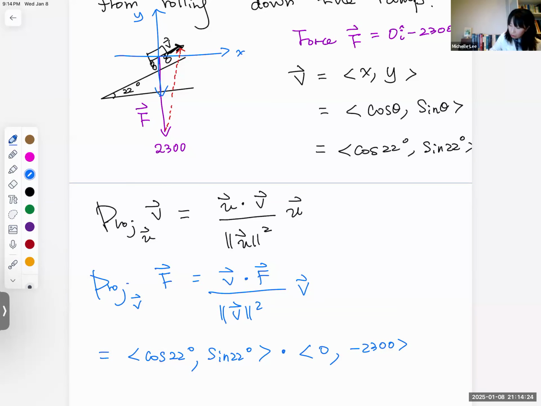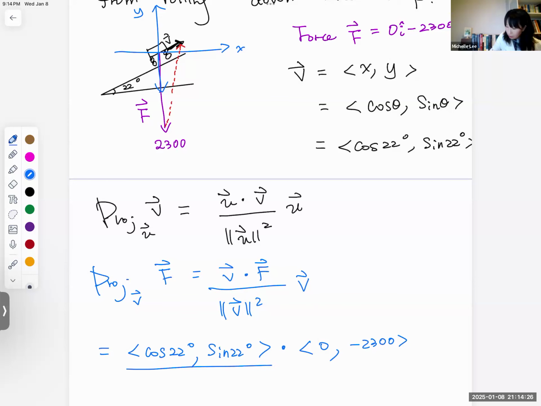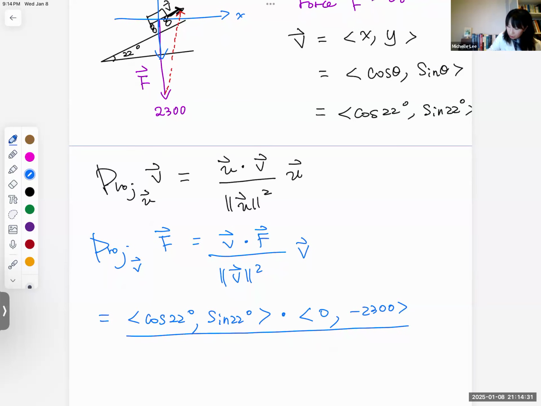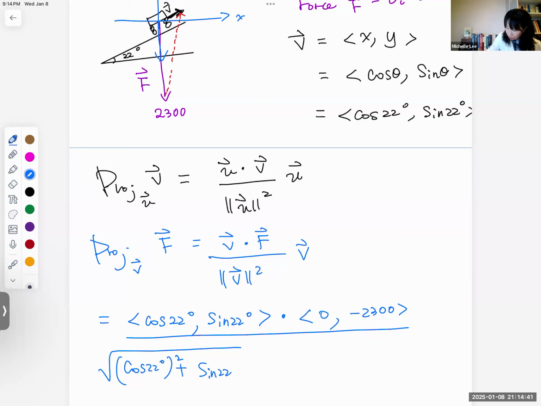And over V squared, which is the square root of cosine 22 degrees squared and sine 22 degrees squared, and then square them, right?